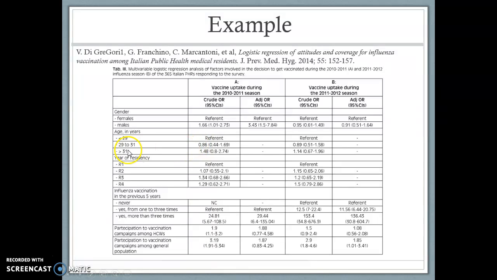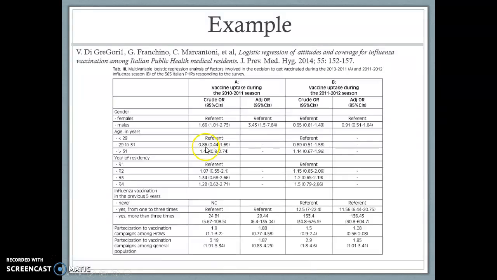And then if you're above 31, your odds increase to 1.48. And this is all in comparison to that reference person. So the odds of giving the vaccine for someone over 31 is 1.48 times higher than someone less than 29. And that's how you interpret those values.